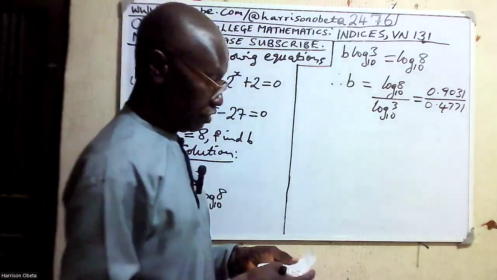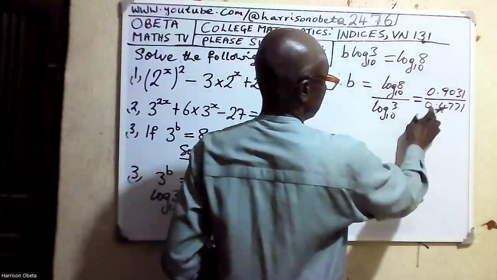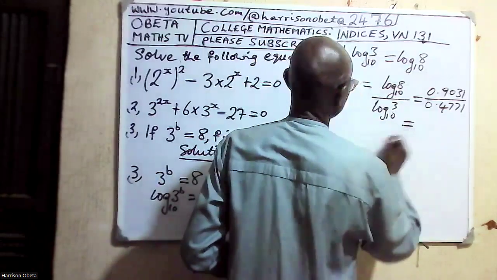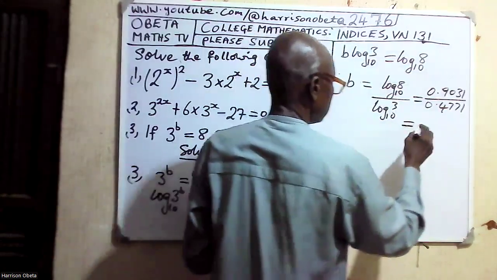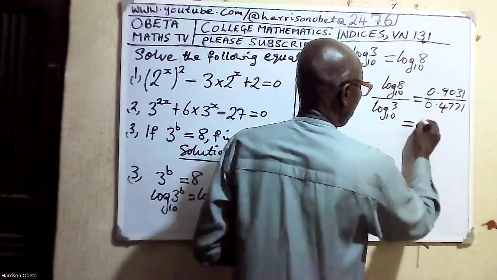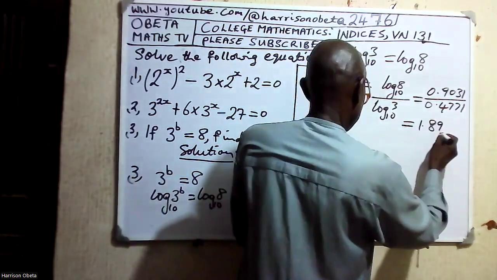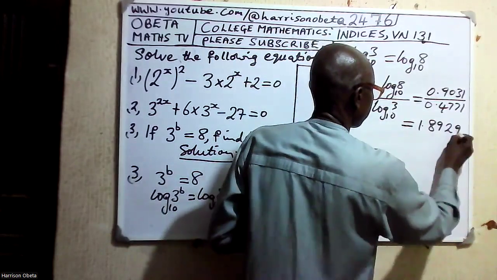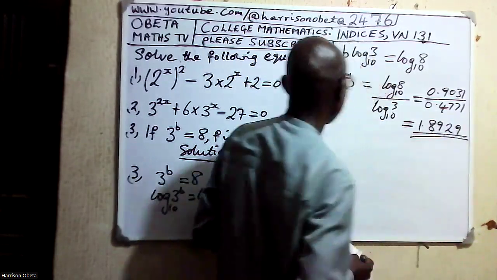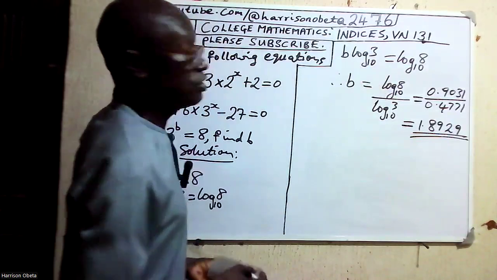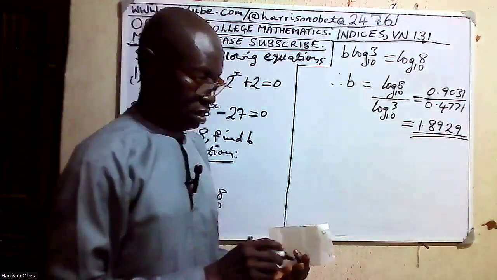So when you go for that to divide, that will give us 1.8929. That's our final answer to question number 3.